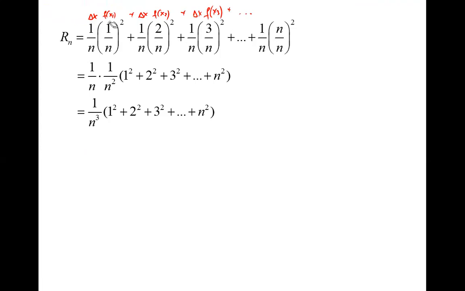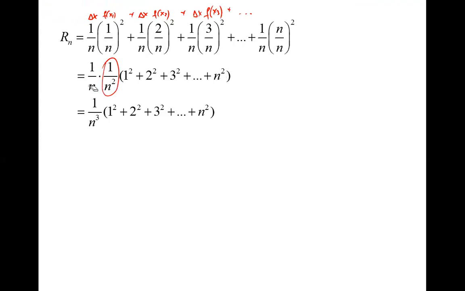Also, we can see that I have (1/n) squared, (2/n) squared, (3/n) squared, and so on. Each of these numbers has a denominator n, and it will be squared, so I can factor out 1/n squared. And what stays? Only the numerator, 1 squared, 2 squared, 3 squared, and so on.